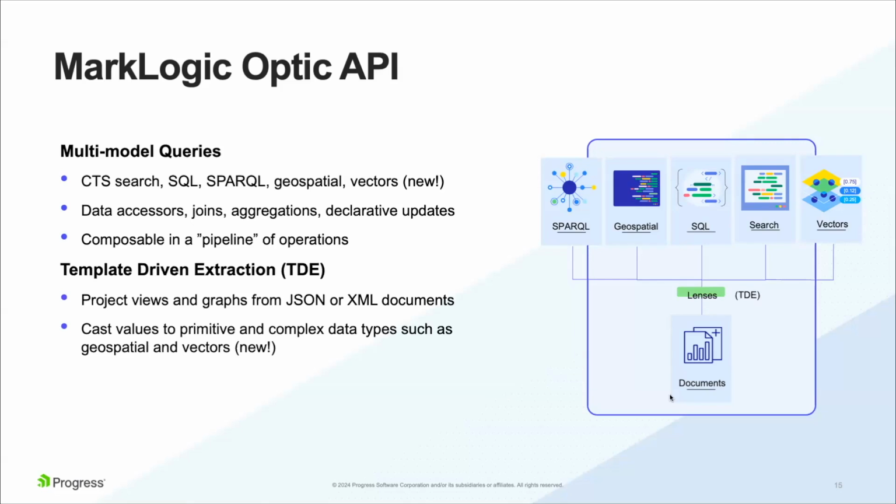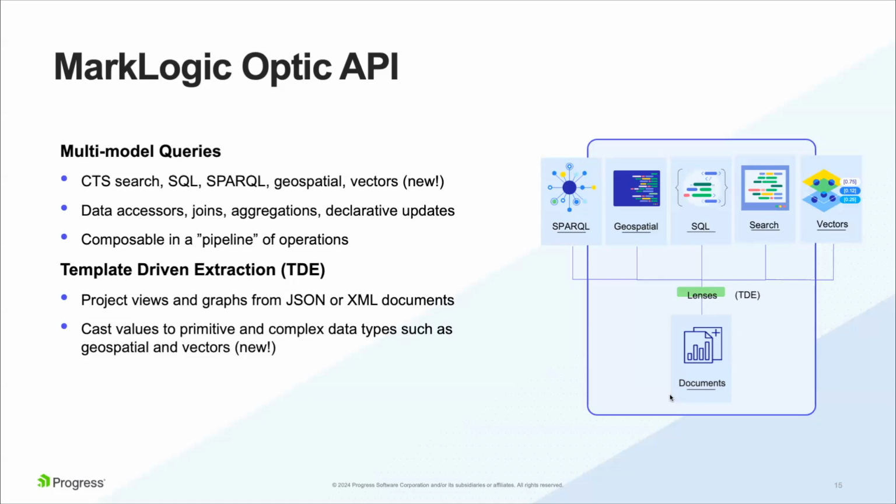Also key to using vector operations in MarkLogic is the template-driven extraction feature. In MarkLogic, you can use a template to specify how you want data to be projected out of documents into different views and graphs. You can project rows or graph data in the form of triples from JSON or XML documents.